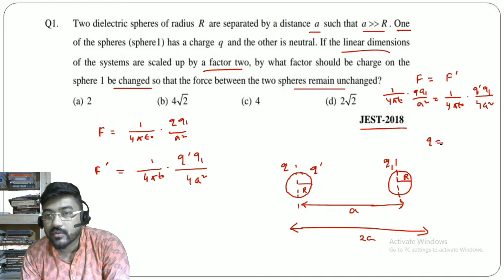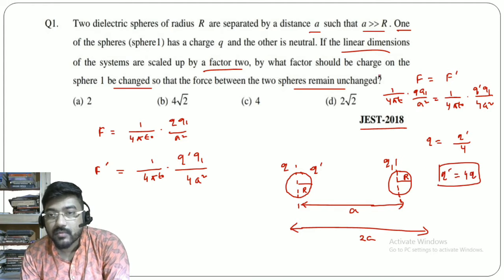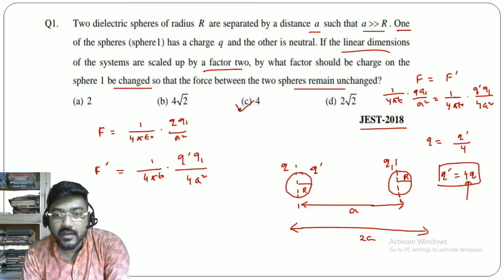So you have q is equal to q dash upon 4. So q dash will be 4q. By what factor should the charge on sphere 1 be changed? It will be scaled up by a factor of 4. So C is the correct answer.